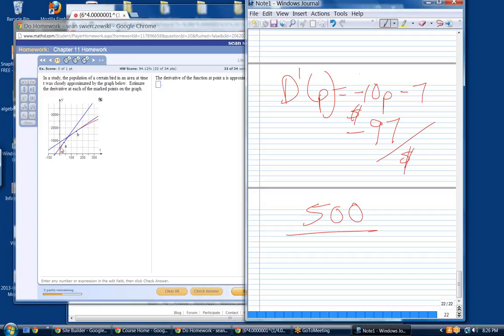Oh no, the slope of one of these grids is 50. In other words, the slope of one of these grids is 50. And I was figuring out the slope from this point to this point, reading it off the graph. So I'm going from 500 to 1,000. The slope of this line is 500 to 1,000 over 0 to 50. So it's got to be a slope of 10.